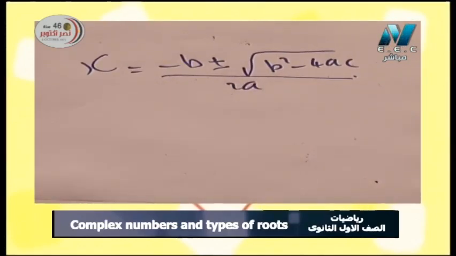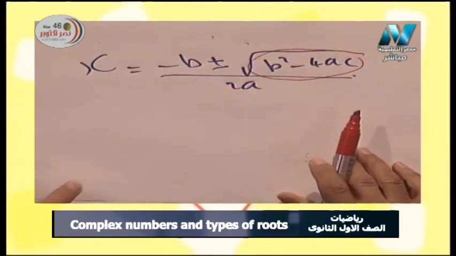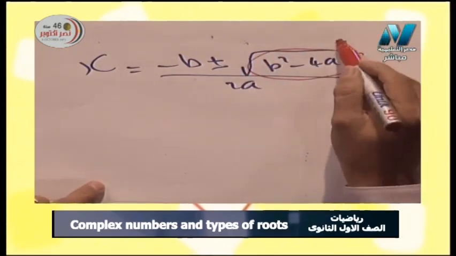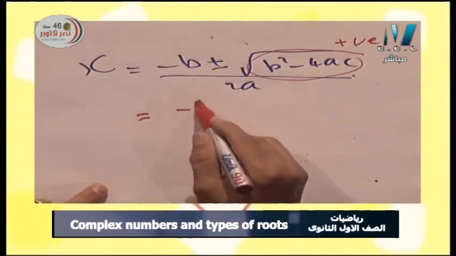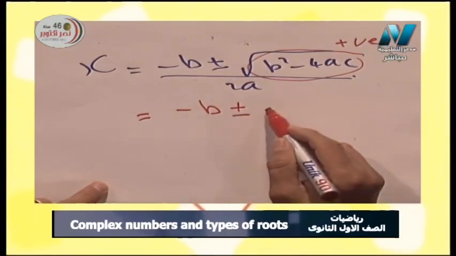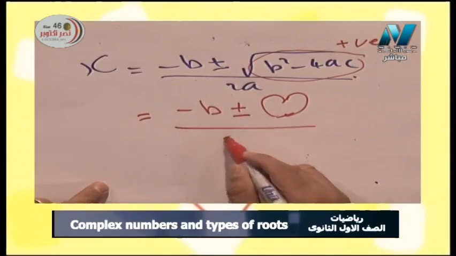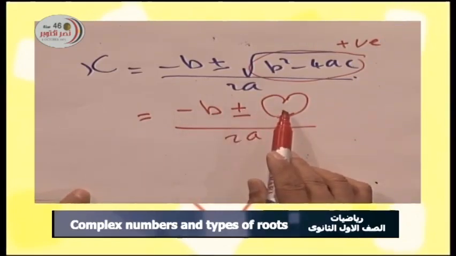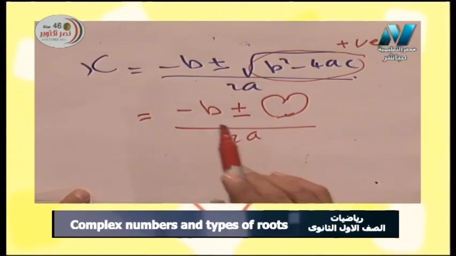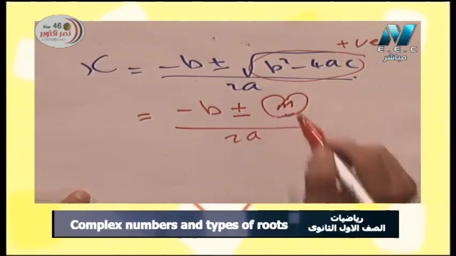If we have this number, which is b power 2 minus 4ac, the discriminant, equal to a positive number, then we have two solutions. Say the square root is any number here. We have negative b plus this root over 2a, and negative b minus this root over 2a. Say this number equals m.